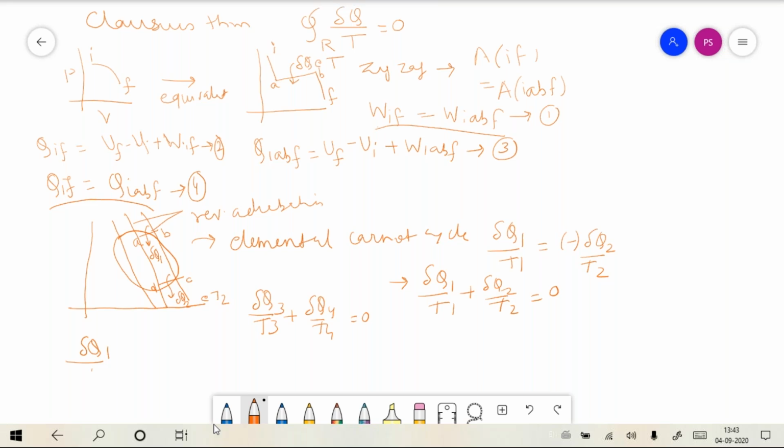I hope that for most of you now it is clear, even for those who had not understood it. So let me ask you again whether this is clear to you, whether the proof for Clausius theorem is clear to you.